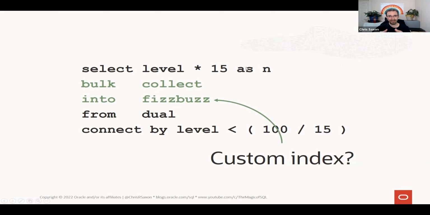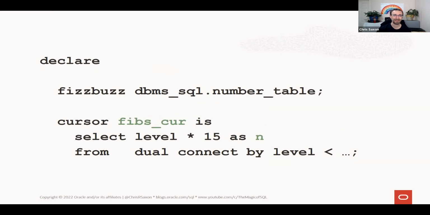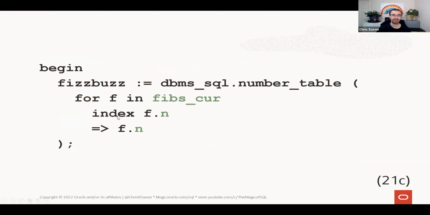So as we had an example just before, the first element is actually number 15, which has the value 15. Second is number 30, and so on and so forth. Well, one of the really cool things is we can now use cursor for loops to initialize these arrays. Ooh, cool. So we've got our array, we can declare our cursor, which is getting whatever it is, and then do something like this.